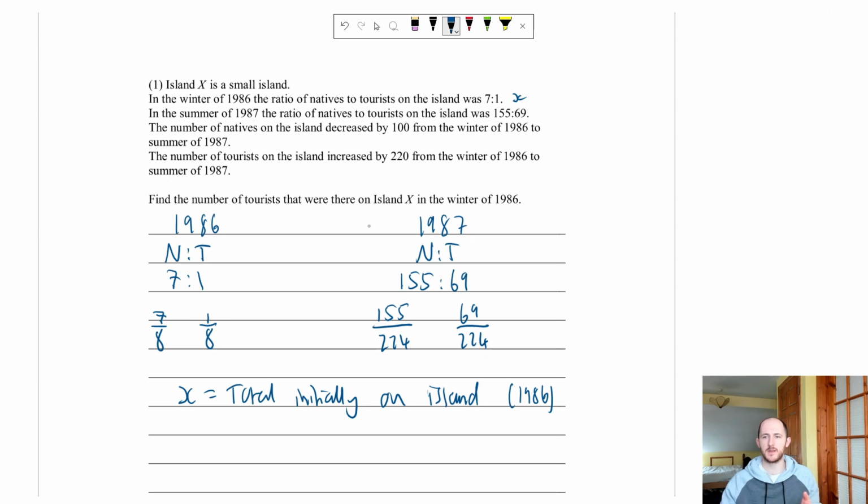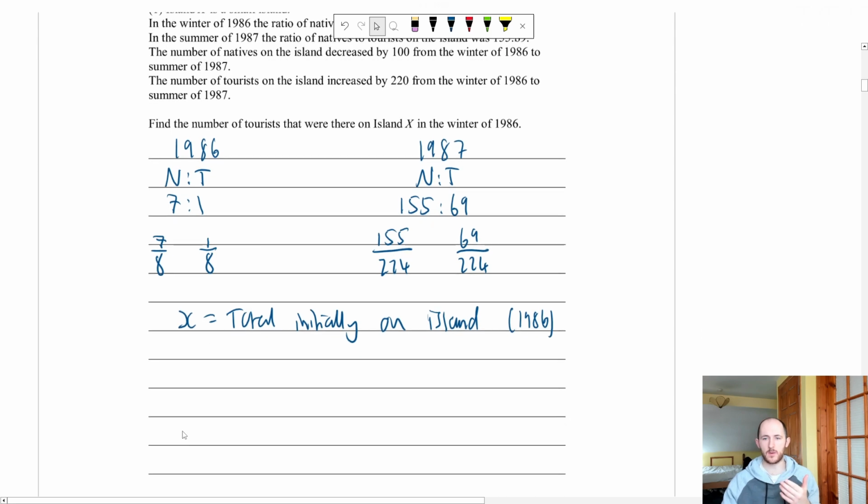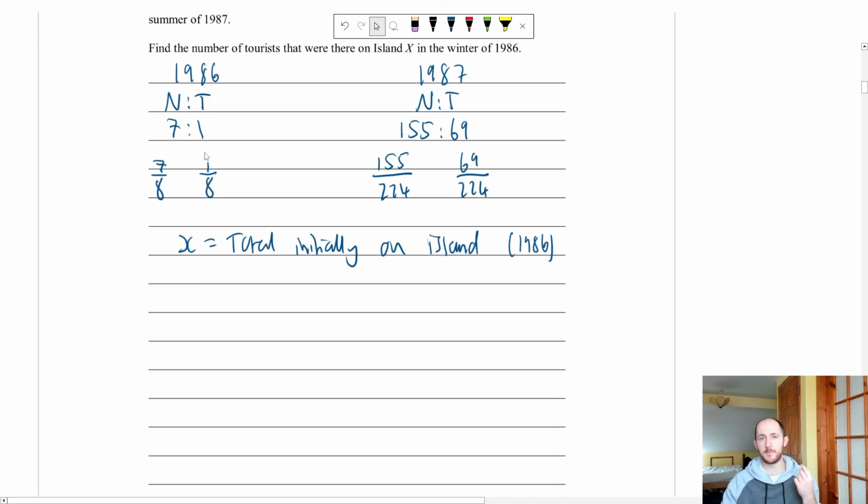Then what happens? Well, we have a decrease in the number of natives and an increase in the number of tourists. So if we're looking at the total number of tourists and how it changes, we can make an equation. How many tourists will there be initially? Well, there'd be 1/8 of the total initially. So we're going to write 1/8 of X, right? That's how many we initially have on the island.